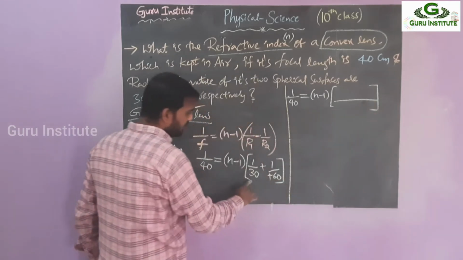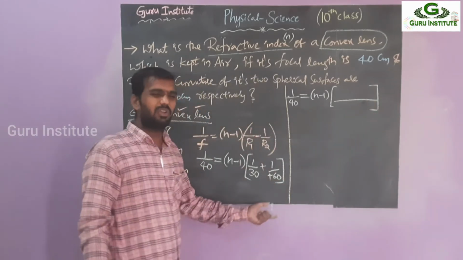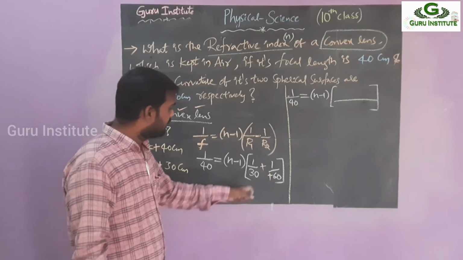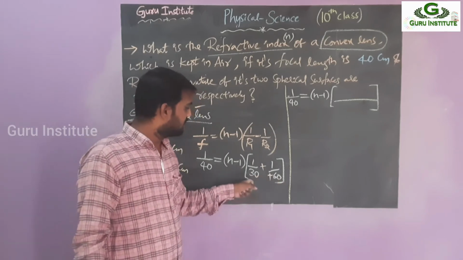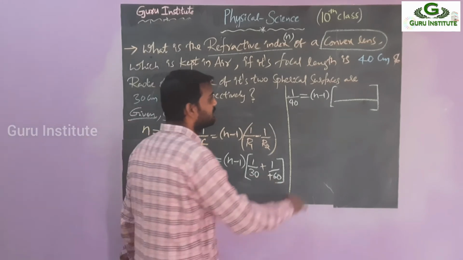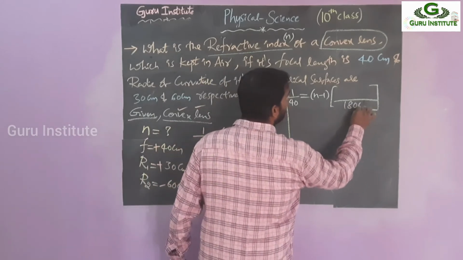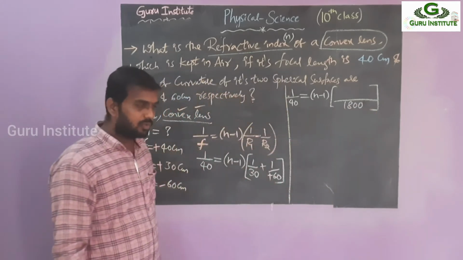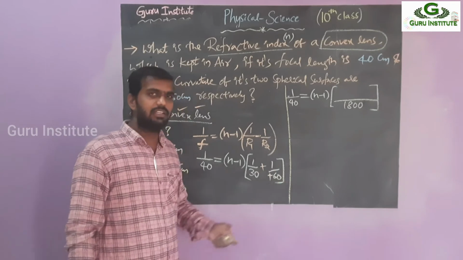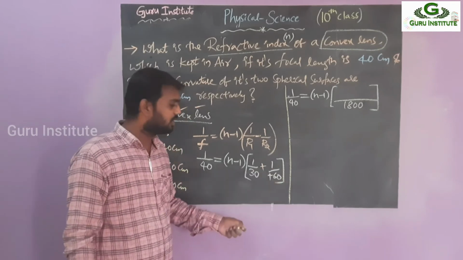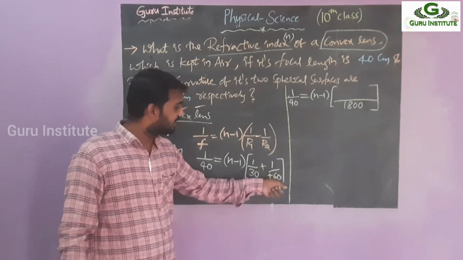What is the LCM? 30 into 60. No need to take the total LCM, just simply cross multiply. 30 into 60, 3 6 is 18, two zeros, 1800. If you are interested, you can take the LCM, that is the other method, but for easy calculation I'm just cross multiplying.